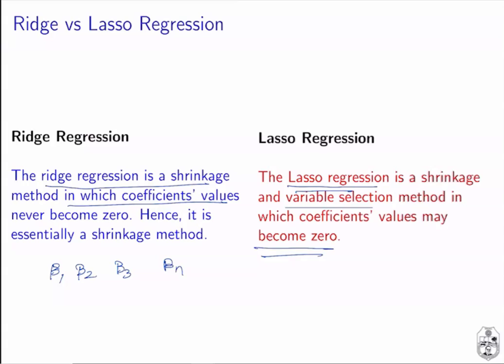It is both a variable selection as well as a shrinkage method. The objective of the shrinkage method is to reduce or shrink the values of the coefficients. Lasso regression is both: it is the variable selection as well as the shrinkage method, while the ridge regression is purely a shrinkage method.